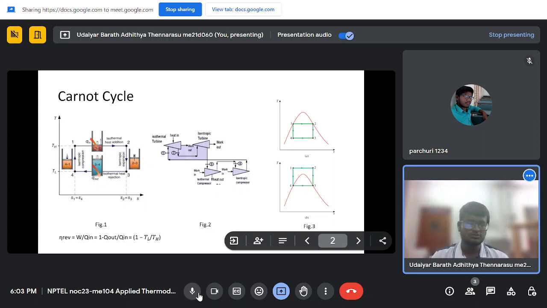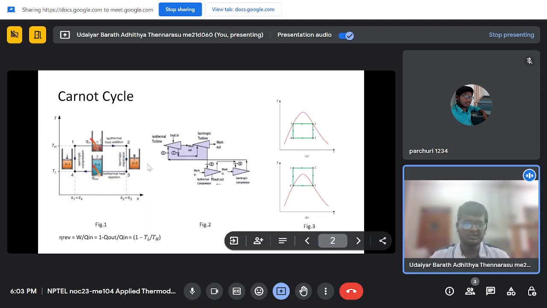To answer that question, he came up with this process, which has two expansion and two compression processes. That is represented as you will see in a TS diagram. It has two isothermal processes and two isentropic processes. This is all reversible. He considered a cycle which is totally reversible with no entropy generation. There is no friction or anything.